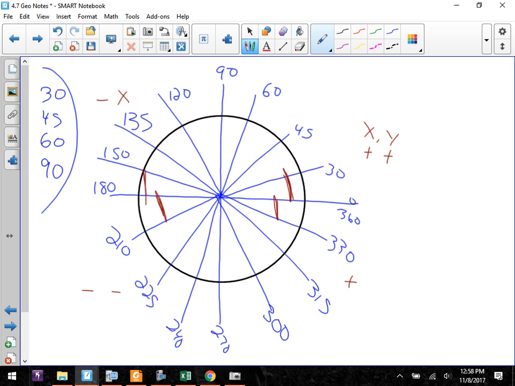Fourth quadrant. What happens here in trigonometry is that the ordered pairs that are here and here are the same. What changes are the signs. So all those values share the same ordered pairs. Their signs change as they go through.